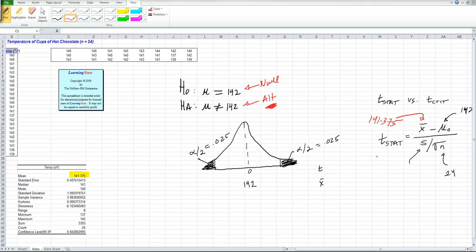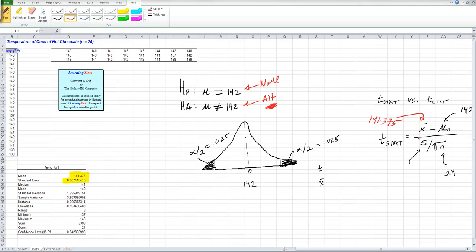Right, so the numerator of my test statistic is the absolute difference between a sample mean and a hypothesized mean. That's simple enough. And then the denominator just standardizes it. Again, the denominator s divided by the square root of n is what's called the standard error. So this is already calculated for you.